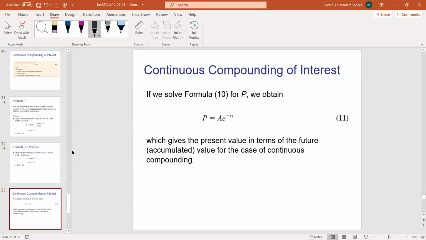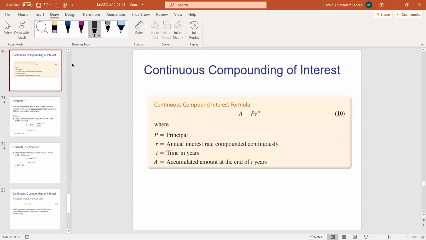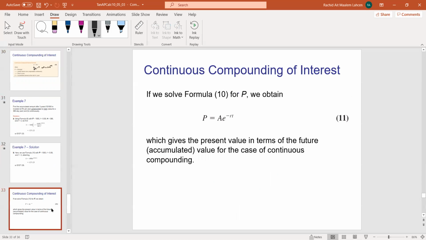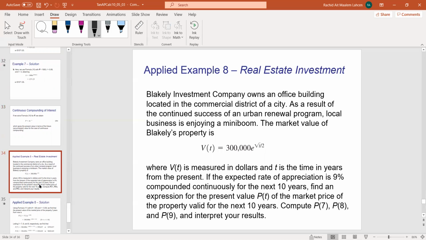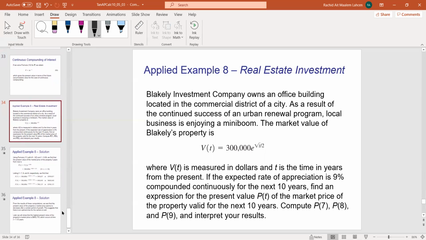If we take this formula and we divide by e to the RT, we get this. And we know that's a negative exponent that needs to come here. So similarly, we can find the present value, if we know the future value, by switching these. And here are some other examples.